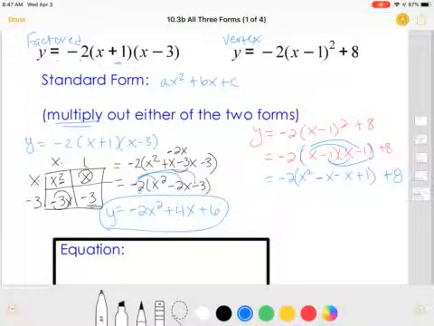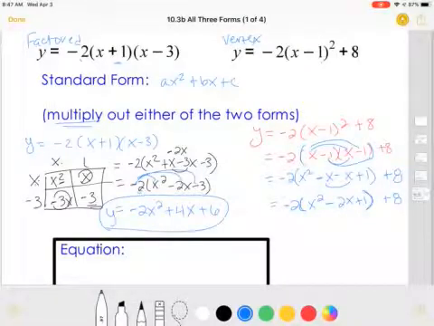Well, we're going to combine these terms. Negative x minus x is negative 2x. So we have negative 2 times (x squared minus 2x plus 1). Remember, all that's in our parentheses. That's what we're multiplying negative 2 by. And then we have that plus 8 just tagging along at the end. Last but not least, we just need to distribute. Negative 2 times x squared is negative 2x squared.